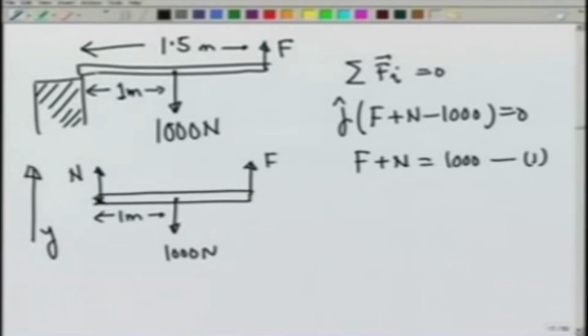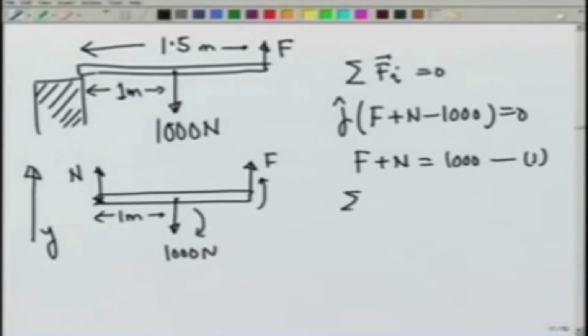So, let us take this point about which I am going to take the torque, and then you see that 1000 Newton gives me a torque clockwise, the F gives me a torque counterclockwise, and they should both balance each other.